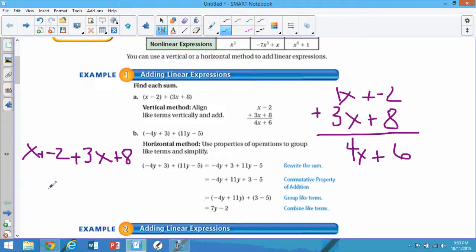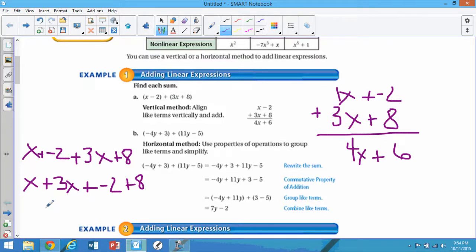What you're going to do when you do problems like this is, because we're adding, I took out my parentheses, because the commutative property and the associative property of addition say that really the order in which you add does not matter, and where you put those grouping symbols does not matter. But you have to commute your order. So you have x plus, and then you have to move that 3x over here, plus, and then the negative 2 and the 8 go next to each other. Okay, then you can take that 3x plus x, and I don't put it in parentheses.